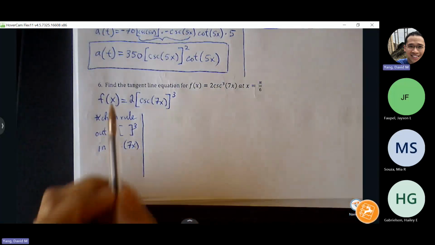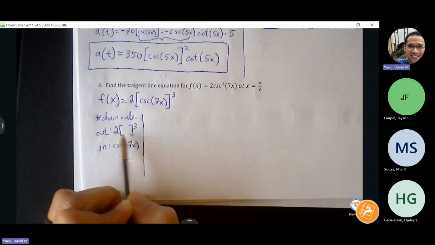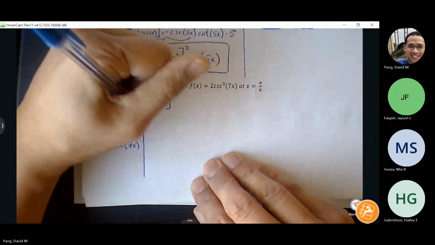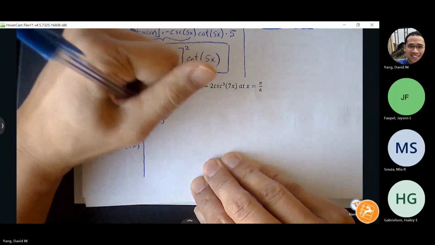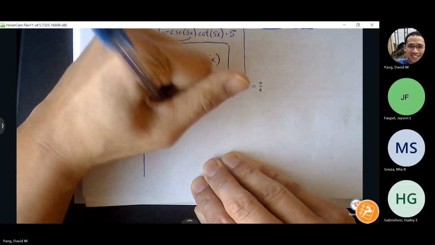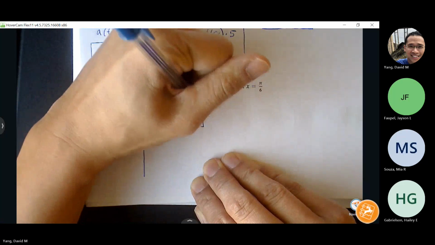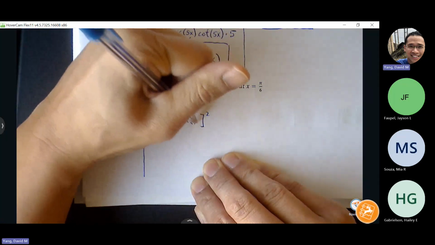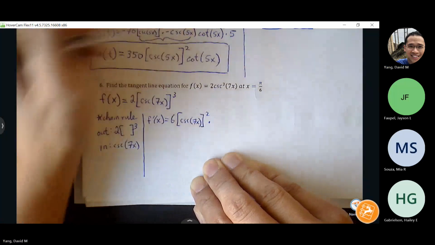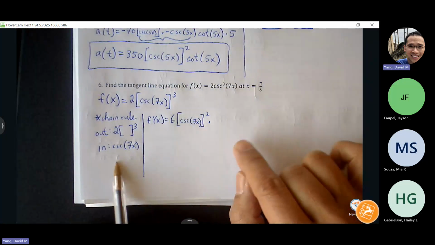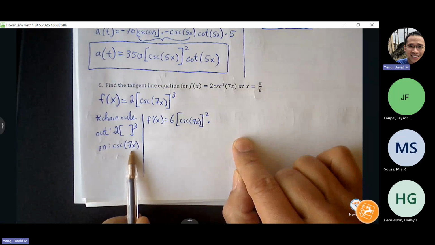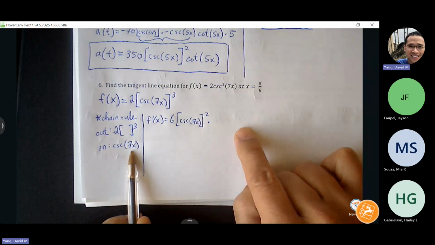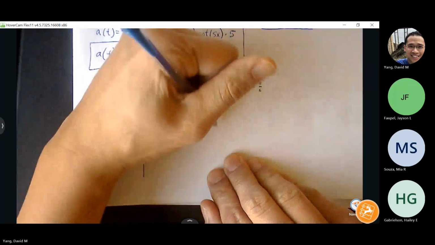Take turns with each derivative. 2 bracket cube becomes 6 bracket squared. Don't change that cosecant 7x. We're not ready for it yet. Okay, so now we can move on to the inside portion. Cosecant u becomes negative cosecant u cotangent u times u prime.